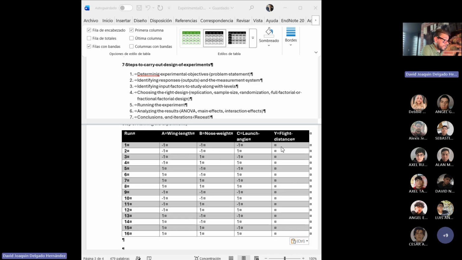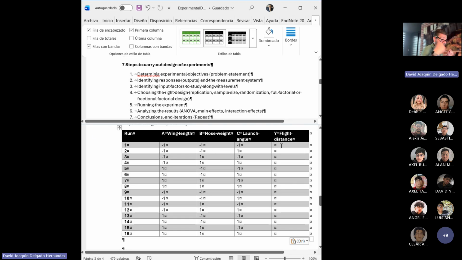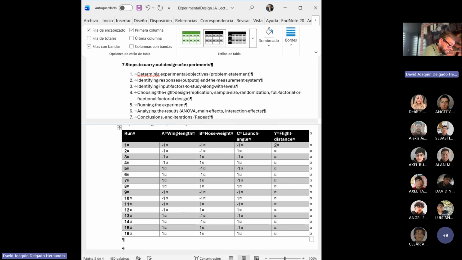Okay, so let's imagine that I carry out the experiment and so on, and the first value is 2.1 meters. The second is 2.3, then 3.0, 3.2, then 2.4.